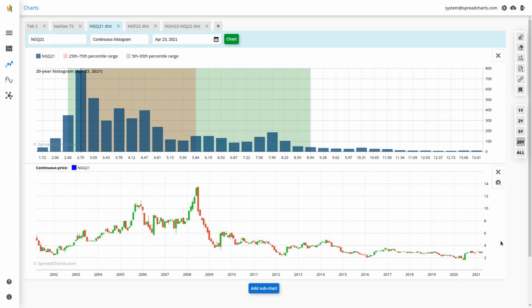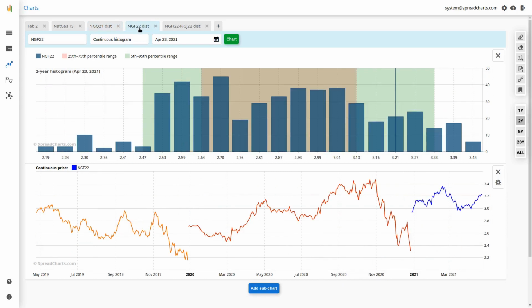And let's also take a look at the January expiration. As you can see, the short-term picture is rather similar. We are in the right green field, so the market is slightly overbought in the very short term.